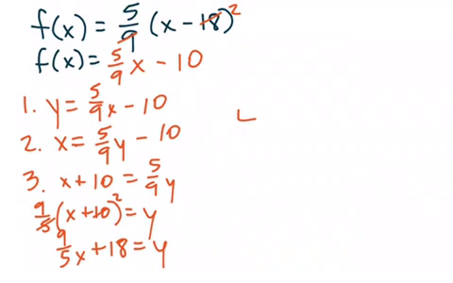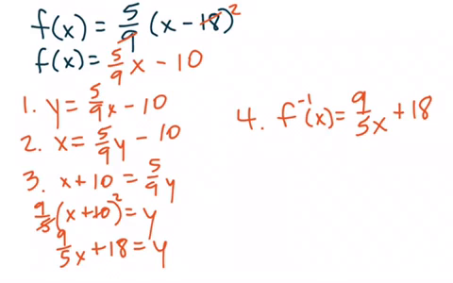And finally, for step number 4, exchange. We got f of negative 1x is equal to 9 fifths x plus 18. And that's it. That is your final answer. That is the inverse function.